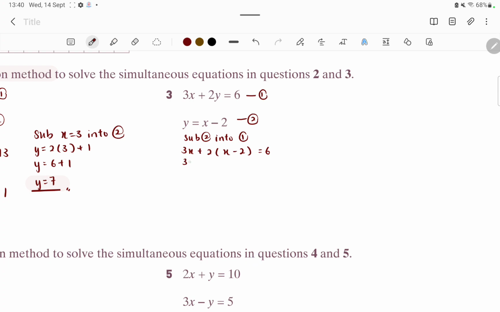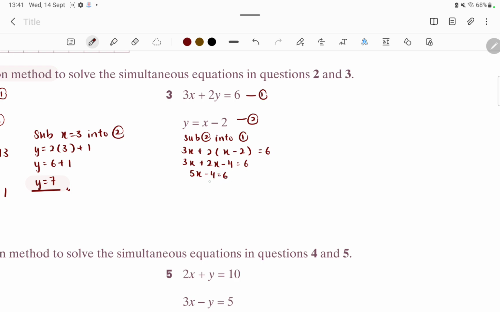So 3x, open up the bracket first. Positive 2 multiply with x, you get plus 2x. Positive 2 multiply with negative 2, positive, negative, negative. And then 2 times 2, 4 equals to 6. Combine them together, 5x. And then minus 4 equals to 6.